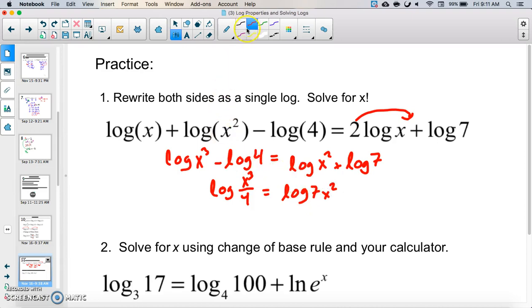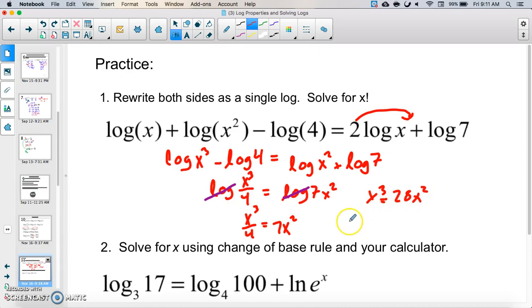Then a really nice property is if we've got logs on both sides and there's nothing in front of them, so I'm going to call that a clean log, we can simplify them out. So that's beautiful. All we're left with is x cubed over 4 equals 7x squared. If we wanted to simplify that, I could multiply by the 4. So I would get x cubed equals 28x squared.